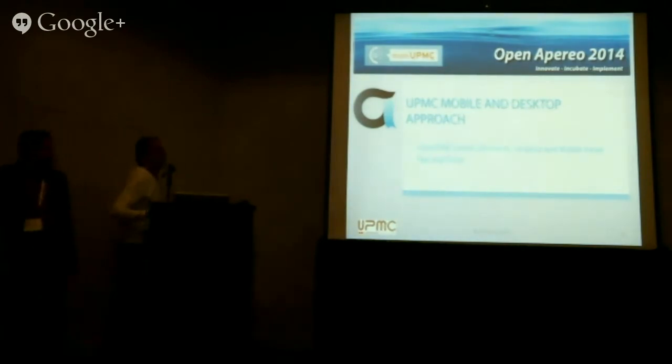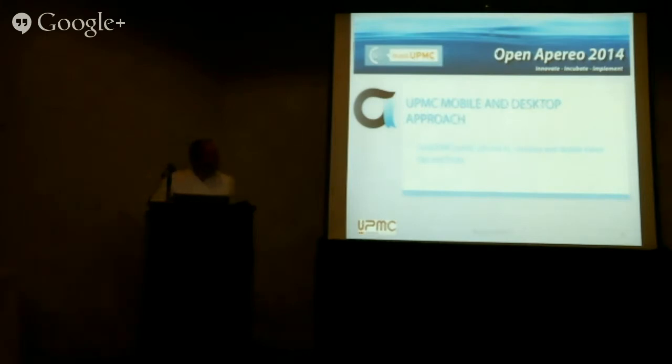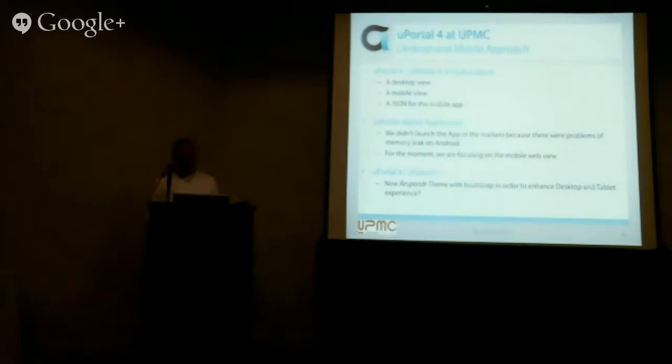So I will talk to you about the UPMC mobile and desktop approach. What is uMobile for? It's a desktop view, a mobile view, and a JSON feed for the mobile app. We didn't launch the app in the marketplace because there was a problem of memory leaks on Android.